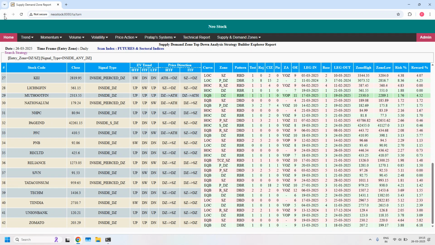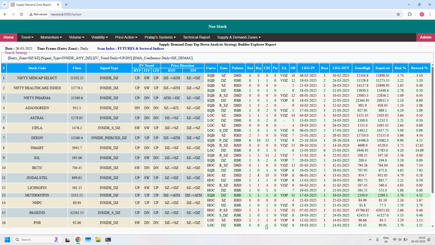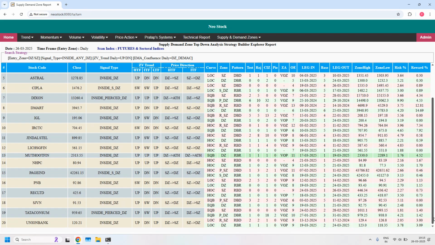We can further filter based on daily demand zones having daily EMA confluence, and also trend on the daily should not be sideways. So now we got the filtered list, first 16 stocks in the list. Scrolling the list down. So total 20 stocks are filtered.